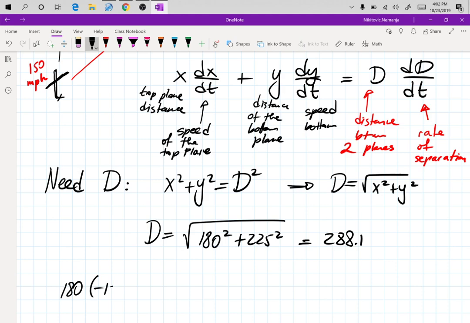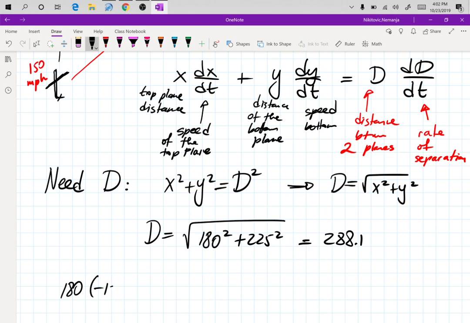The distance between the airport and the plane is decreasing, therefore it's minus 120. The same thing for the other plane, it's 150, decreasing the distance, closing in. When you use those signs, you will get the appropriate answer, which would be a negative number for dD/dt, signifying that the distance between the 2 planes is getting smaller. And that's something that is important.